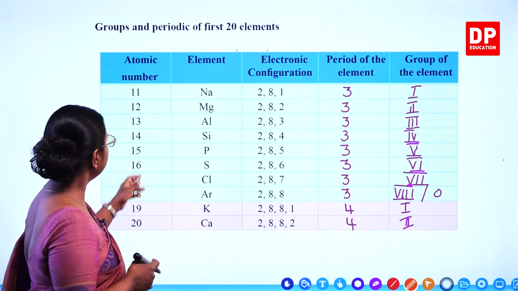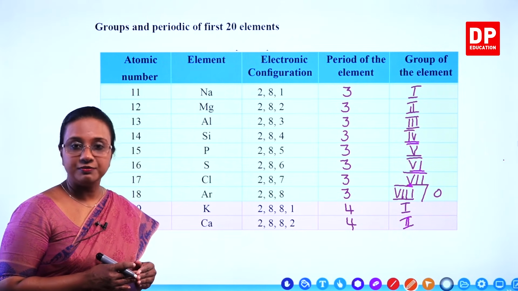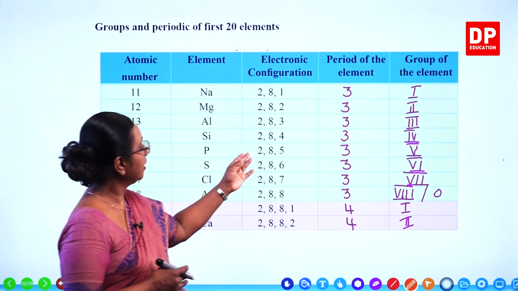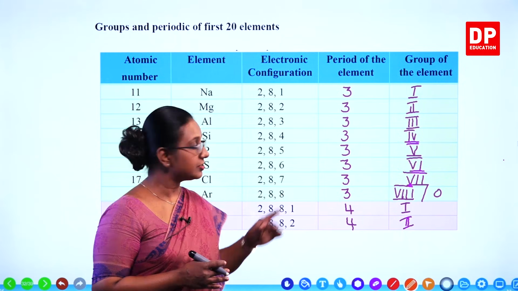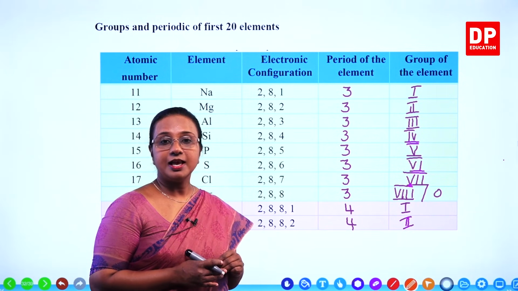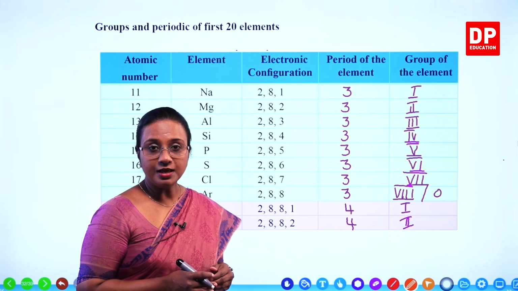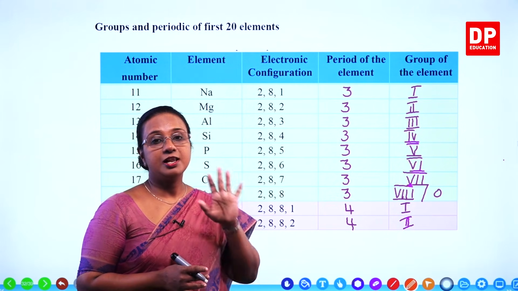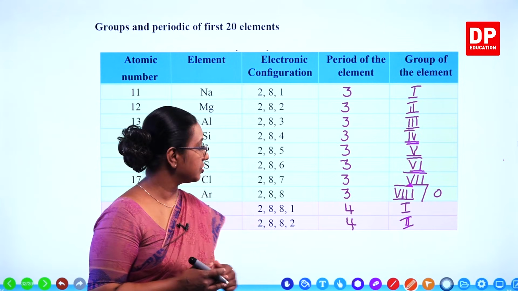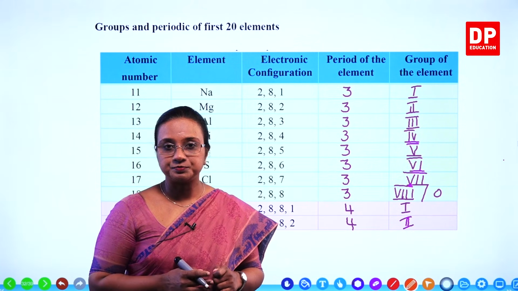So, immediately you have to remember phosphorus has atomic number 15. Therefore, electronic configuration is this 2, 8, 5. 3 shells containing electrons. Therefore, it belongs to period 3. And in the valence shell, there are 5 electrons. So, it belongs to group 5.